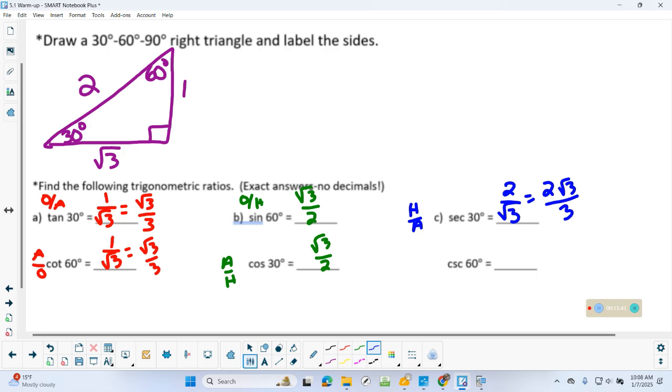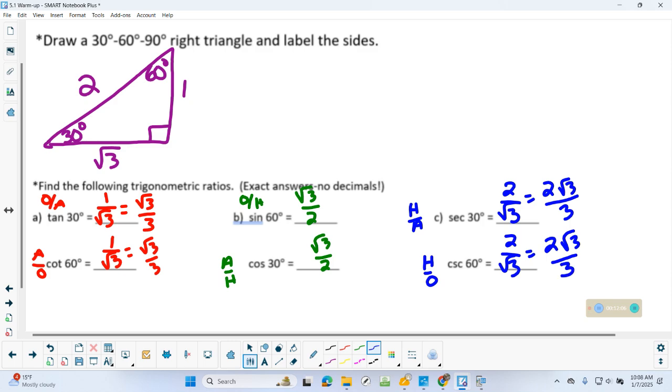Cosecant, the reciprocal of sine. So I'm like, okay, sine's opposite hypotenuse. Hypotenuse over opposite. Hypotenuse still is 2. From the 60, what is opposite the 60? Root 3.